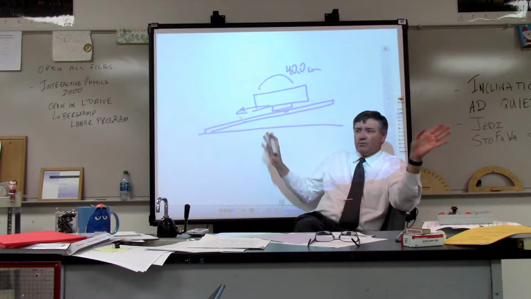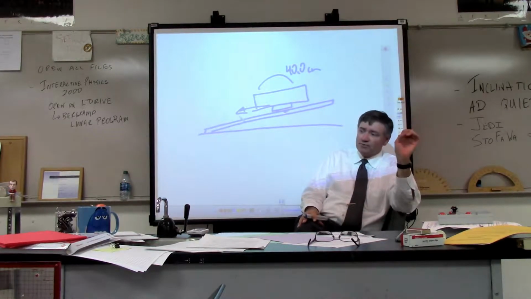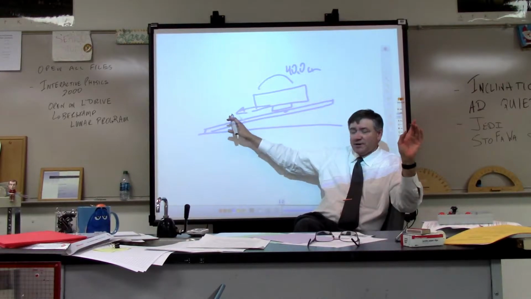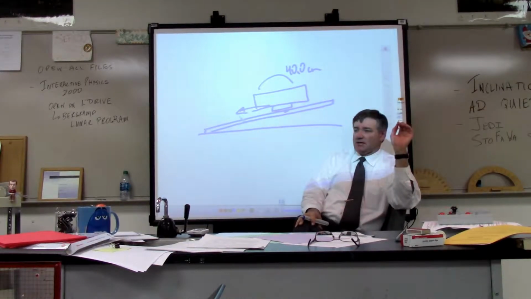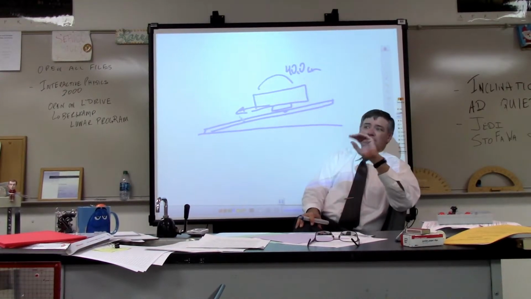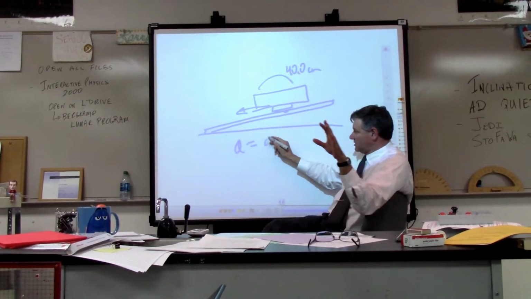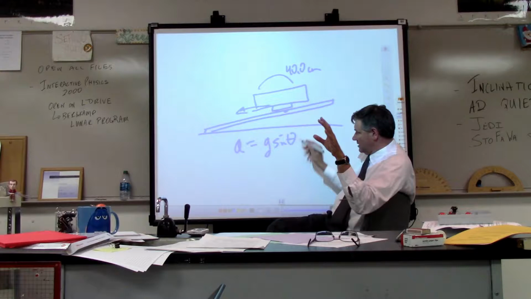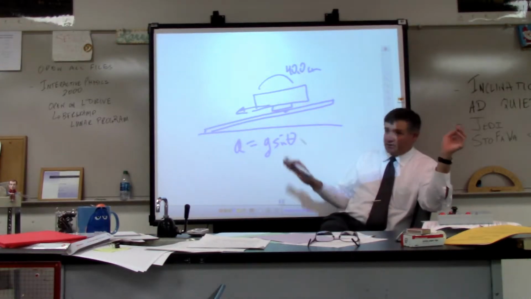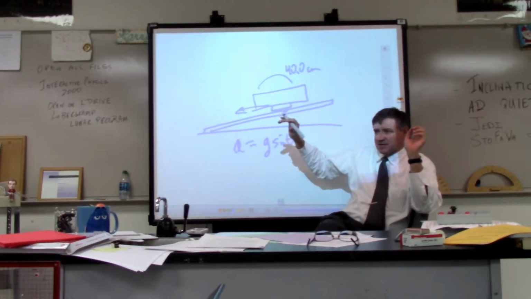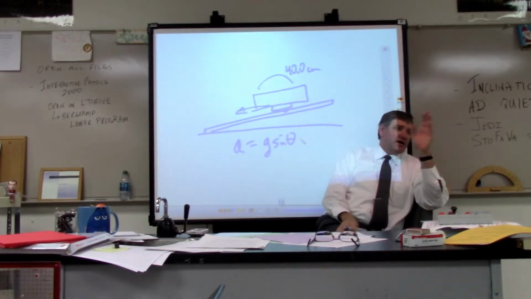So there's two ways you can get your theoretical acceleration. One option is that you take your force parallel divided by the mass, get the acceleration that way. The other thing that you could do is use a = g sin θ. You know the angle, take the sine of the angle, multiply that by 9.8 meters per second squared, get the acceleration that way.